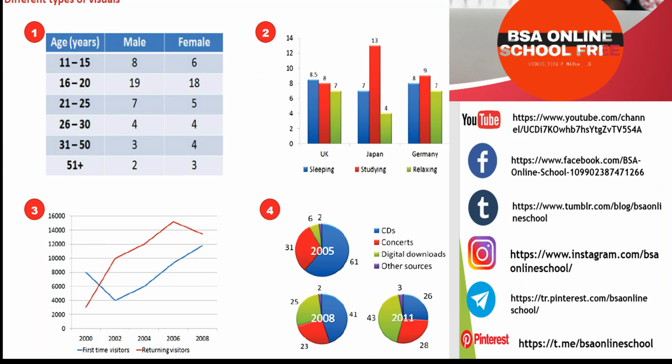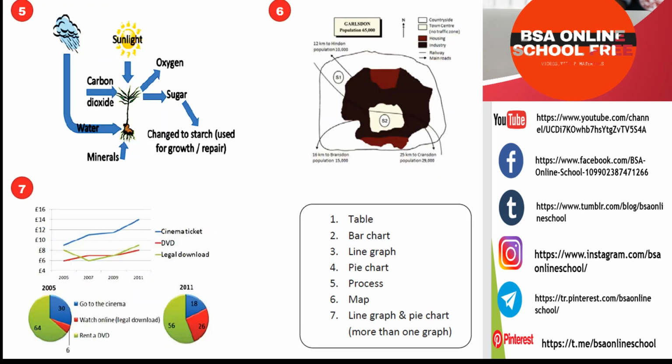In the academic part of the IELTS test, you will have to do one of the following: line graph, bar graph, column graph, pie chart, table, process or cycle, diagram, or a map.